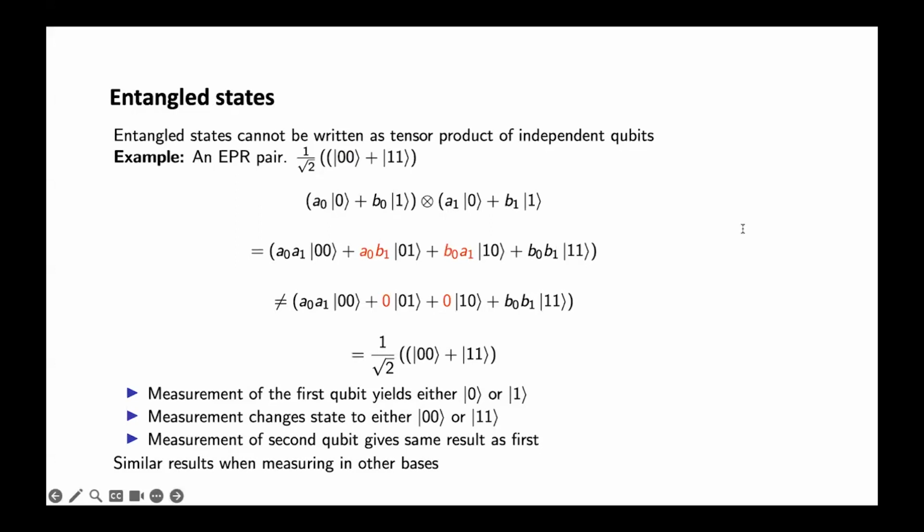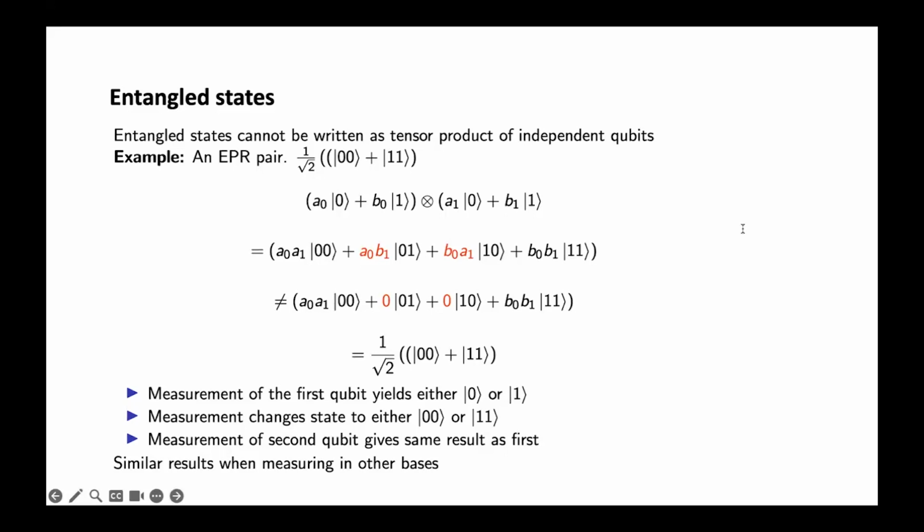So let's argue, as mathematicians, by contradiction. Let's assume that we can express this as a product of individual qubits. I take this multi-qubit state, and I say, let's assume that I can find a0, b0, a1, b1 such that this relation holds true.